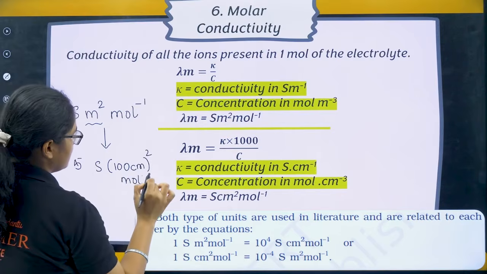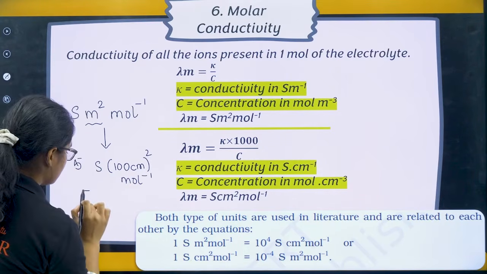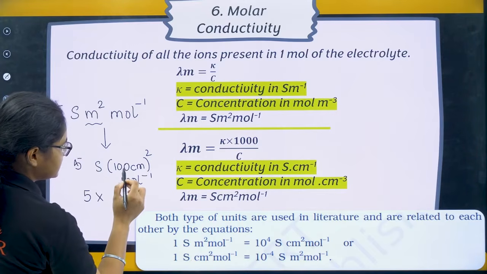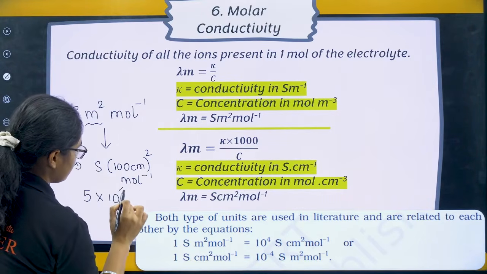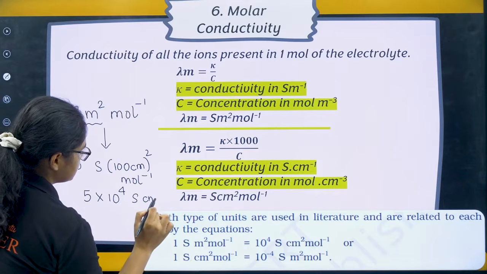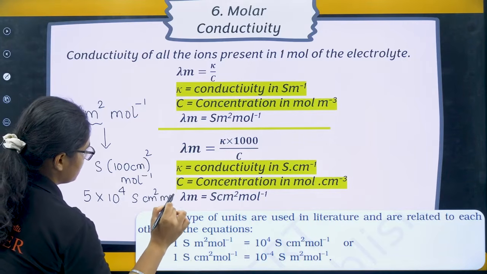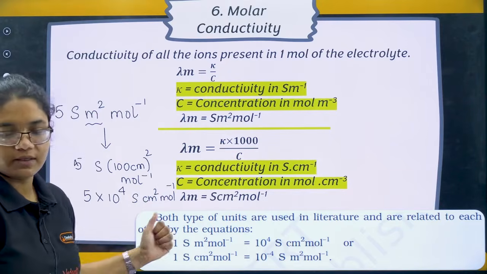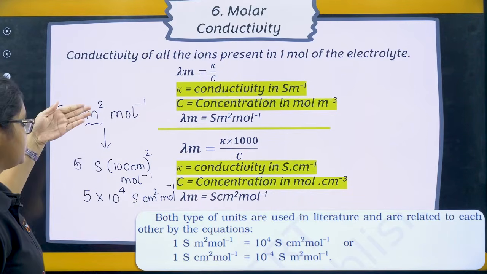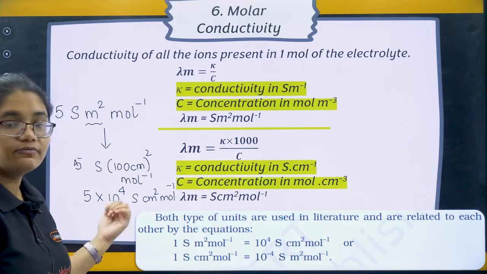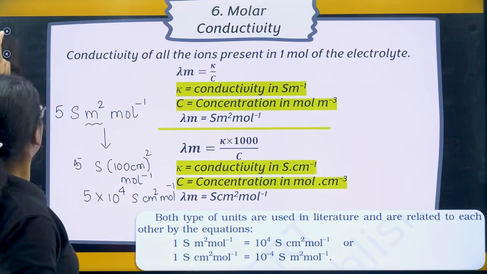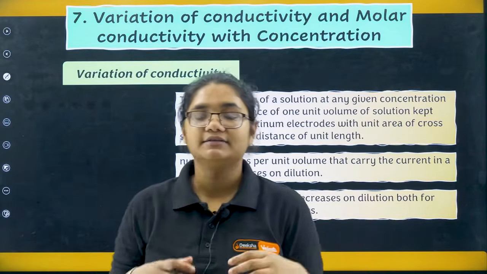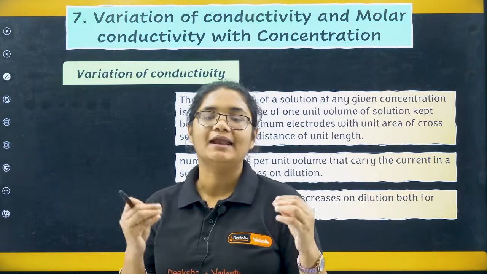So I have 5 into 10 to the power of 4 S centimeter square mole inverse. Okay, that is how you can transform. Similarly, if you want to convert the other way, divide by 10 to the power of minus 4.